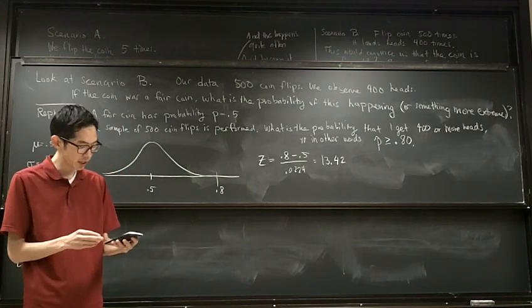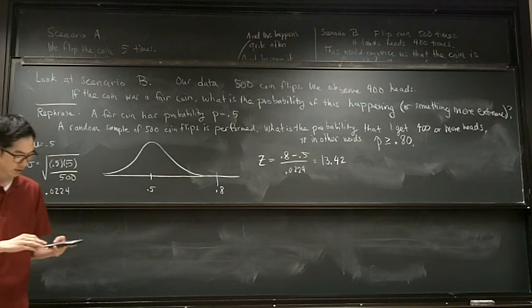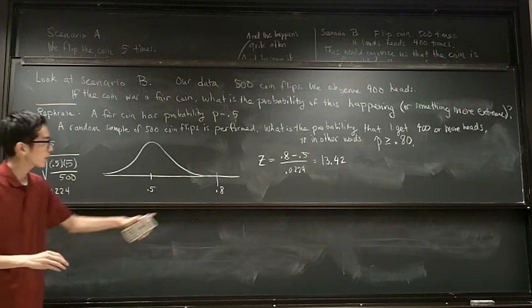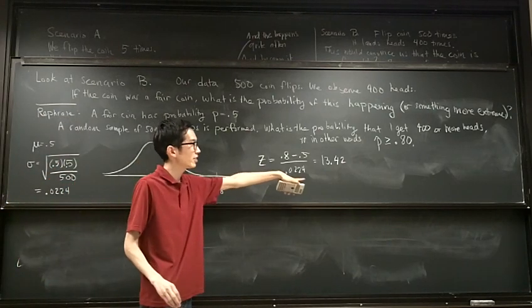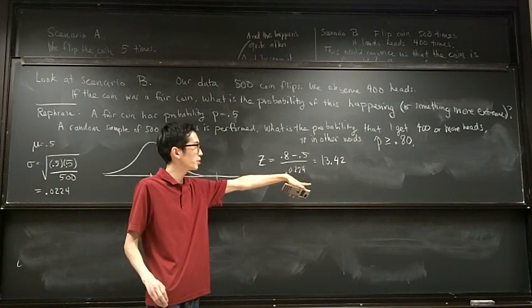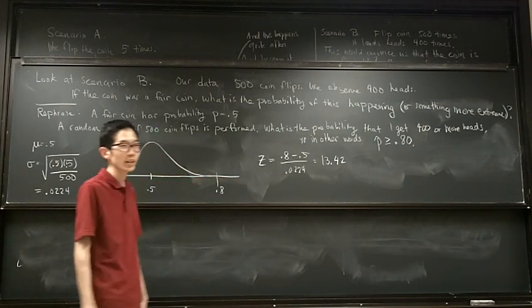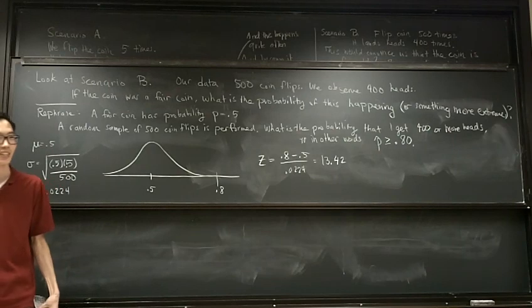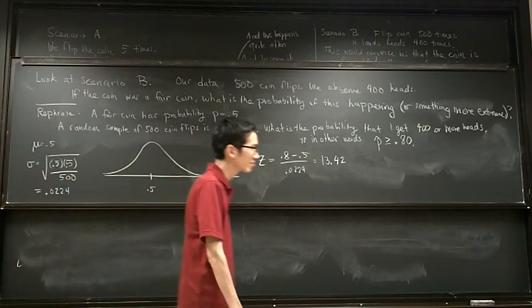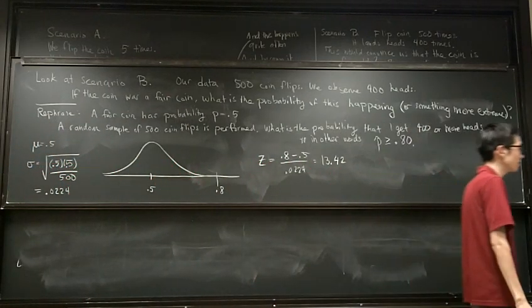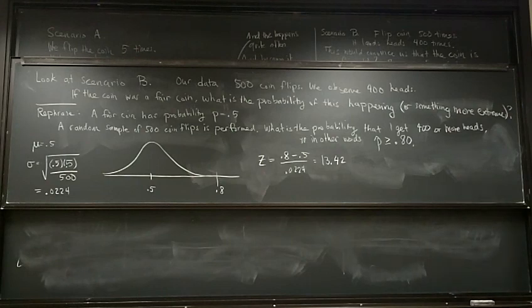Just to give you some perspective, this would be the probability of seeing a man who is about 9.5 feet tall, okay? Or it's the probability of being 13 standard deviations away from the mean.